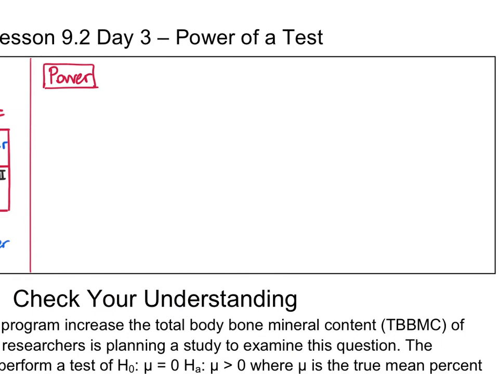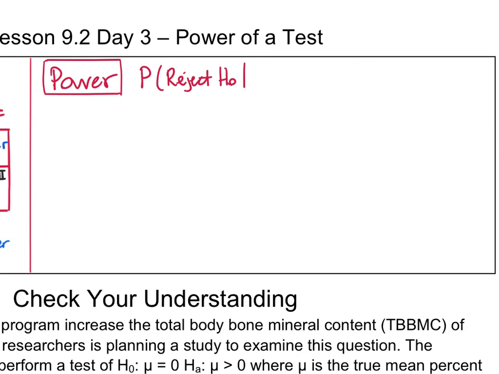And you probably guessed it, this is going to be all about power, which is the probability that we reject the null hypothesis given that the alternative hypothesis is true. So it's when we reject the null hypothesis when we should, because the alternative hypothesis is true.